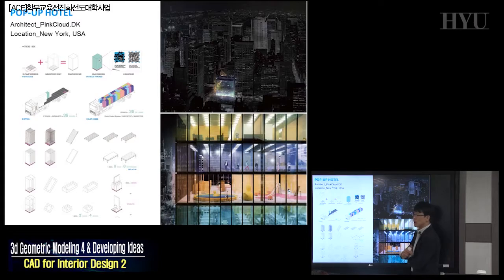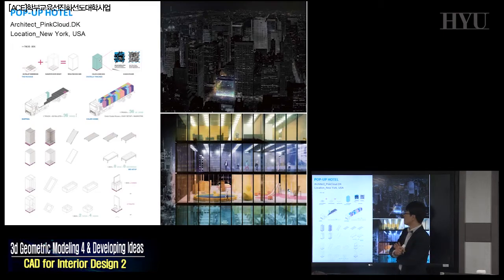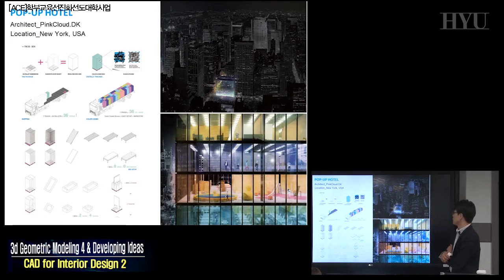So Pink Cloud is another famous architect recently. They proposed this one named the pop-up hotel. And the size of the one single module, you can figure out compared to that container size. So a total of 36 modules is going to be one truck, and 36 pallets are going to be alternatively combined in that way.